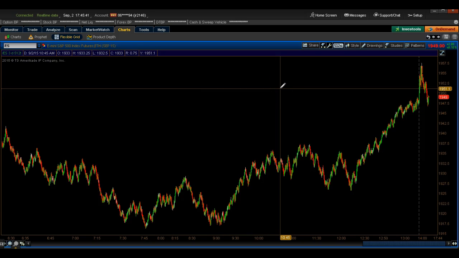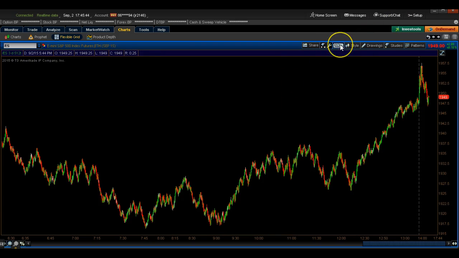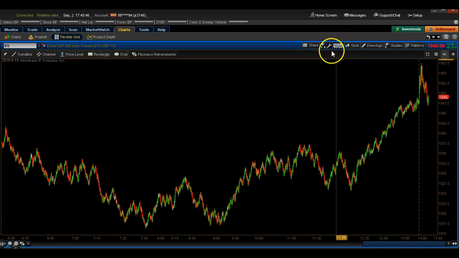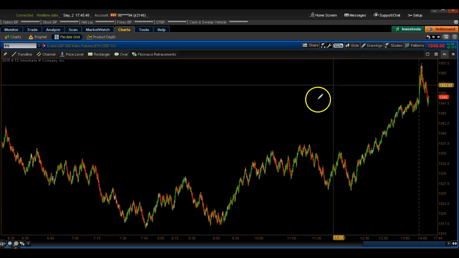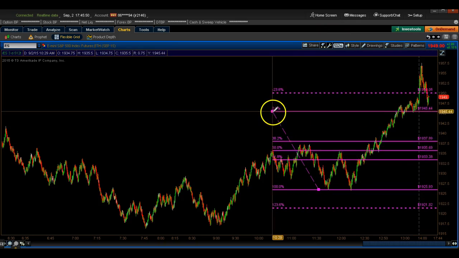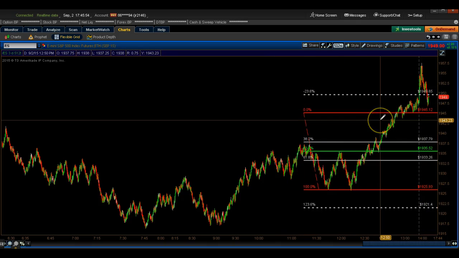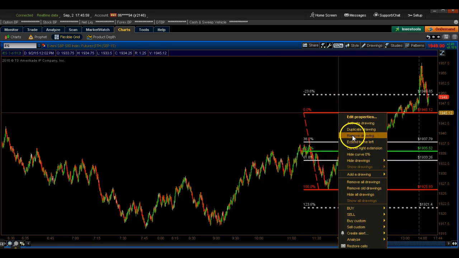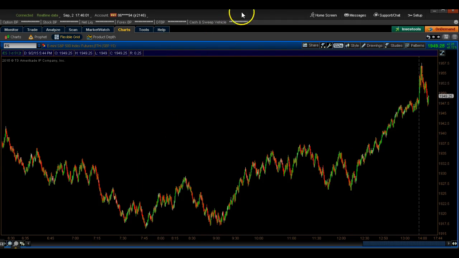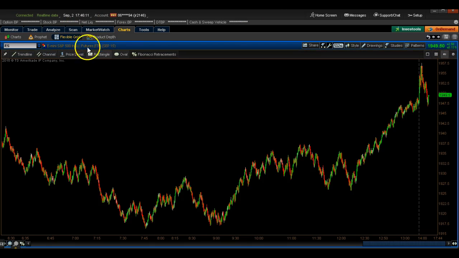Very simple, very basic, and it's one of those things that when you start to draw them, you see them over and over and over, and you're just able to kind of go, okay, I have more confidence in my trade setup. So that's it for using Fibonacci's and using the retracement for lesson number 4. And next up will be lesson number 5.